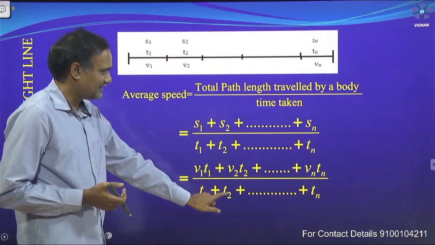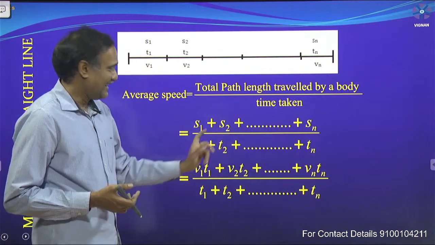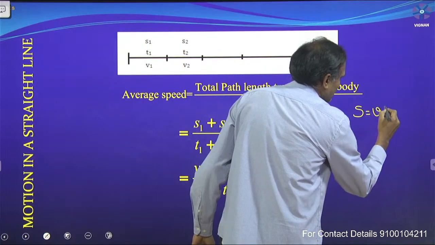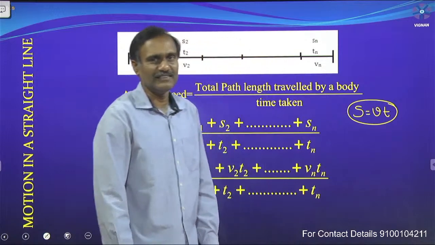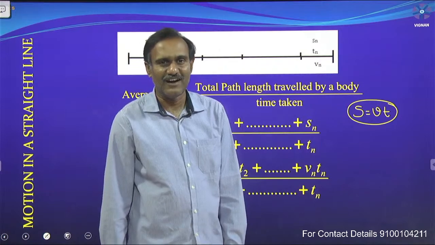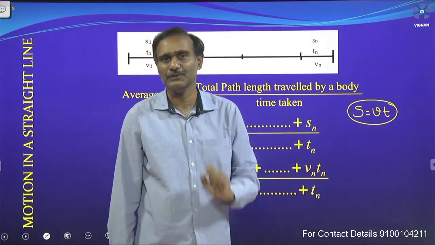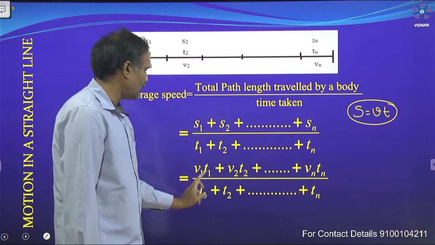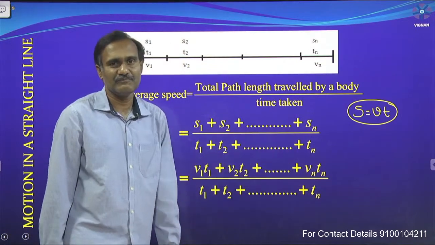So this is the answer, s1 plus s2 plus so on up to sn. Instead of s, what we used? v into t, because path length is equal to average speed into time interval, or displacement is equal to average velocity into time interval. By using that formula, instead of s1, v1 t1, s2, v2 t2, sn, vn tn. Remember that.